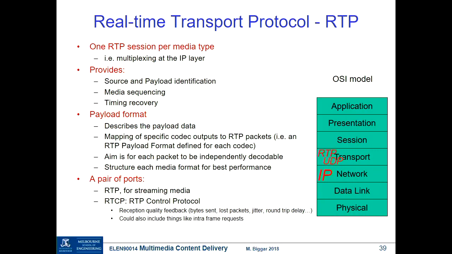But RTP was developed and is still used to provide this transport for low delay streaming services. And RTP, I'm not a network layer guru, but is generally considered to be still in the transport layer, but somewhat above UDP. Sorry. This is what RTP provides.